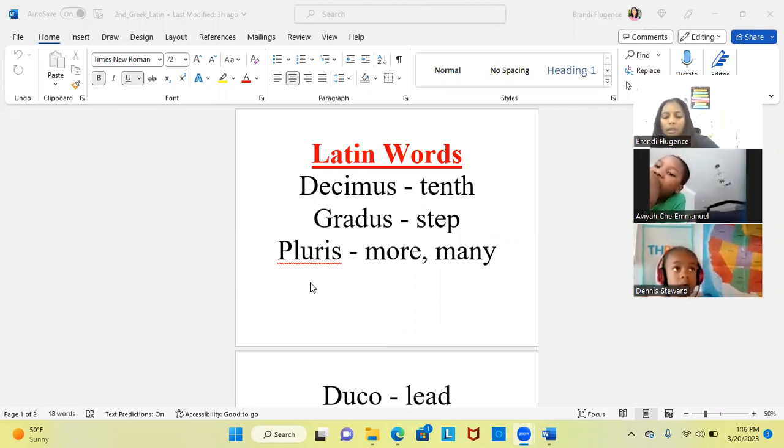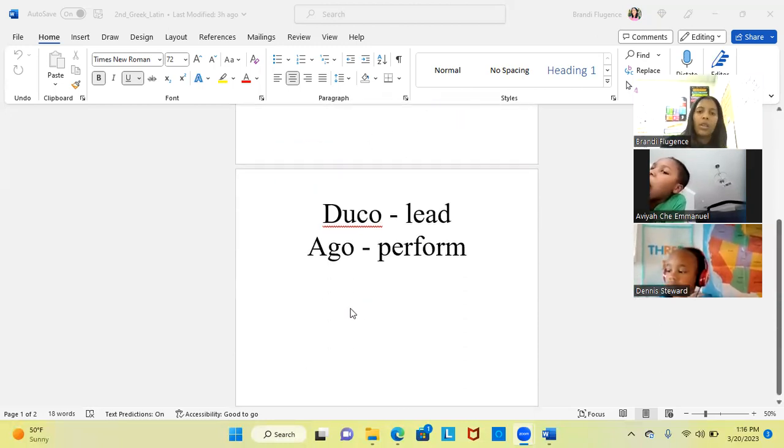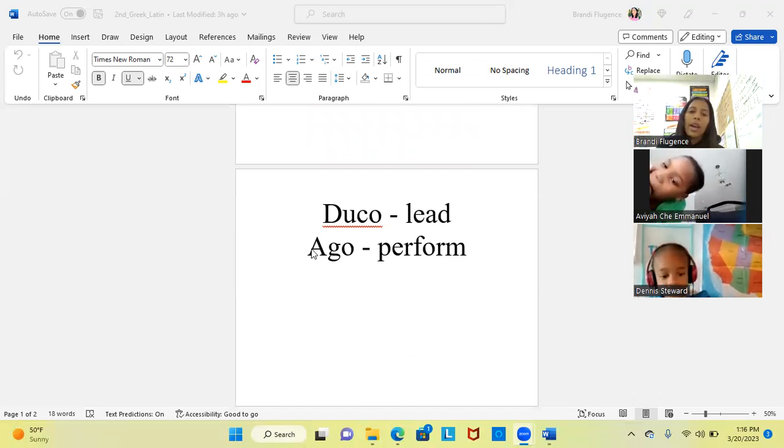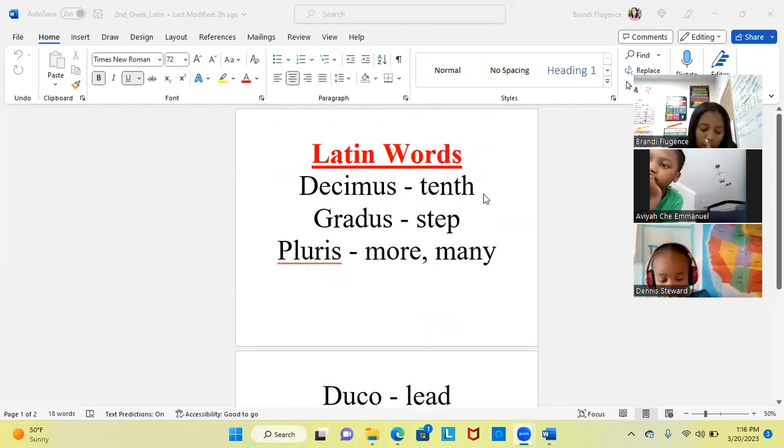Next one, plurus, PLURIS, plurus, and it means more, many, kind of reminds you of the word plural. Ducko, DUCO, ducko, and it means lead. And ago. Perform. All right, you have 25 words this week as normal.